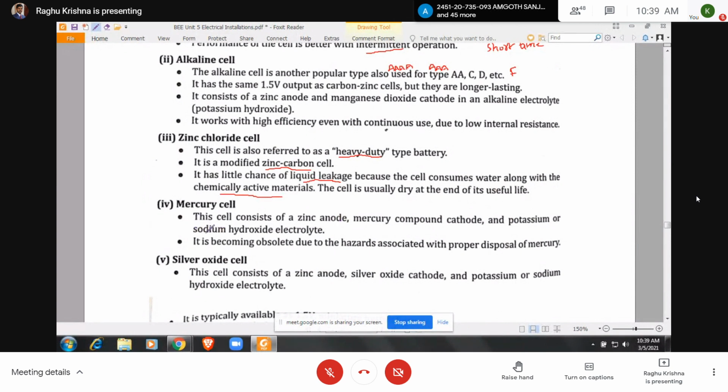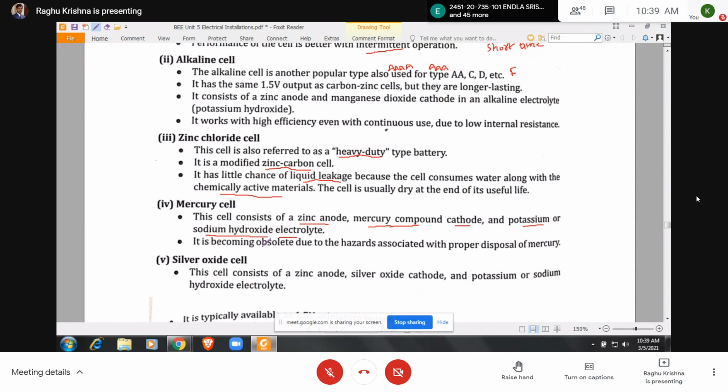Next, the mercury cell. This cell consists of a zinc anode, a mercury compound cathode, and a potassium or sodium hydroxide electrolyte.